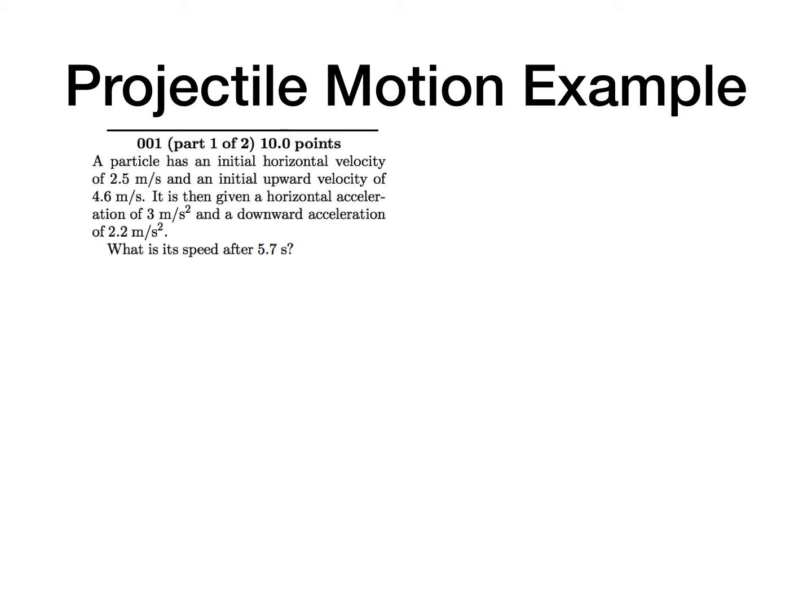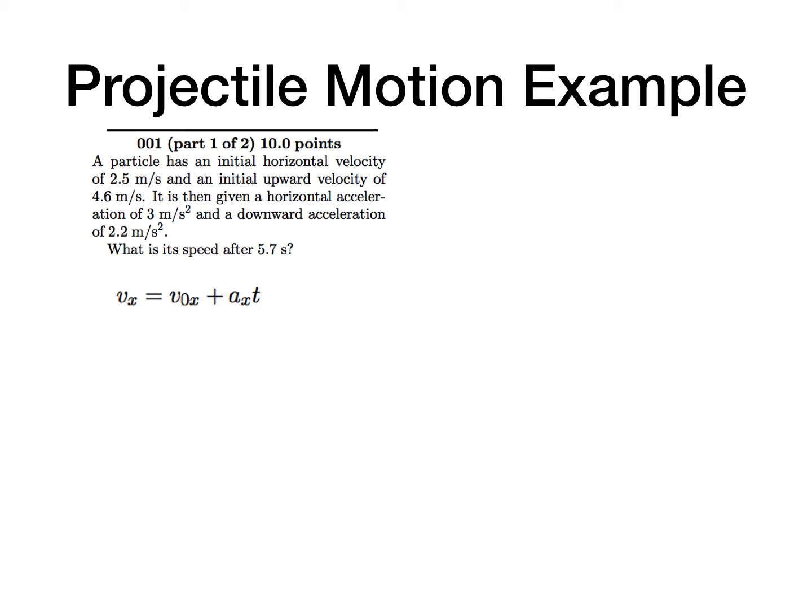First, we will start with our projectile motion in the horizontal direction. The equation given is: velocity equals the initial velocity in the x direction plus the acceleration in the x direction times the time.